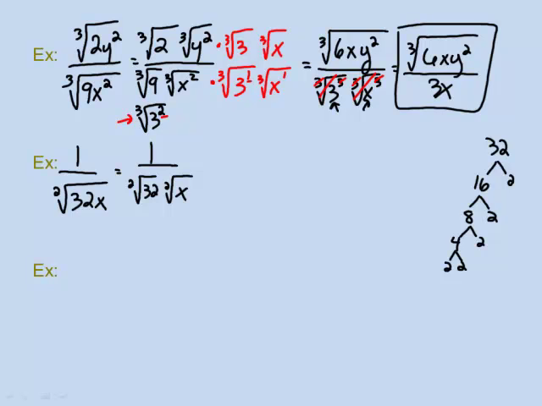In this case, we want something that's a multiple of 2, though. 2 will not go into 5, but 2 would go into 4. So what we're going to do here in our denominator is write 32 as 2 to the 4th times 2 to the 1st. Notice 4 plus 1 is 5. That's a total of 5 factors of 2 that make up 32.